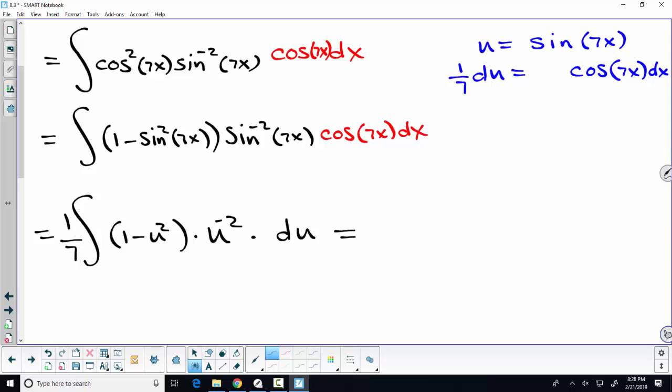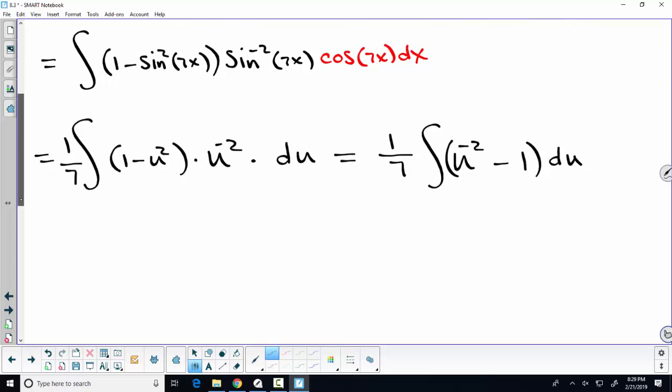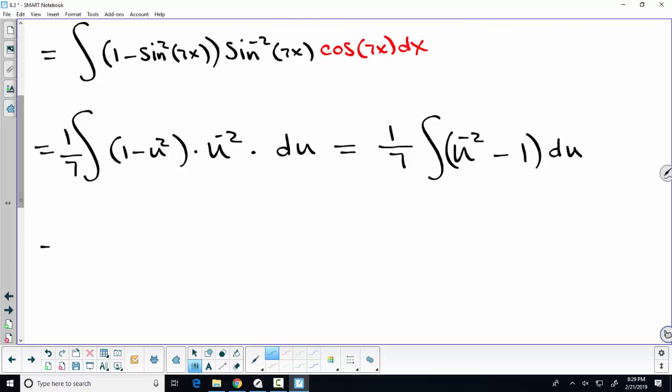So once again, what we're looking at is just powers of u to find the antiderivative of 1/7 u to the -2 minus 1 du. So we have negative u.